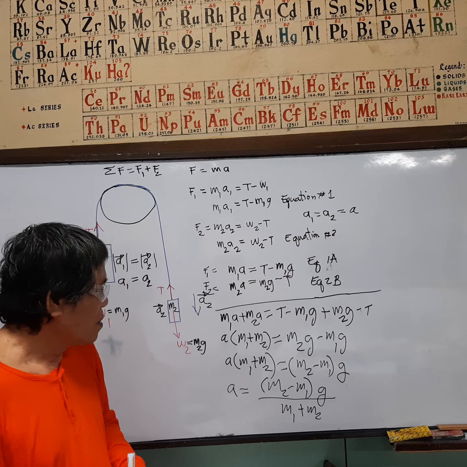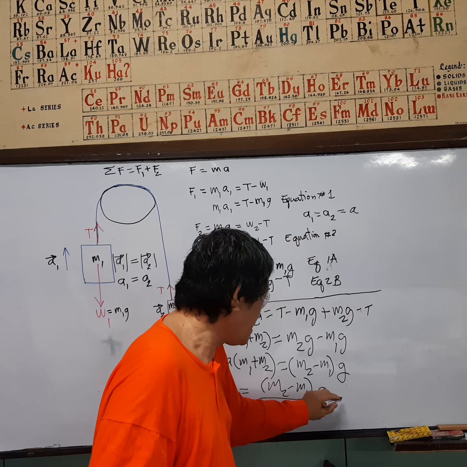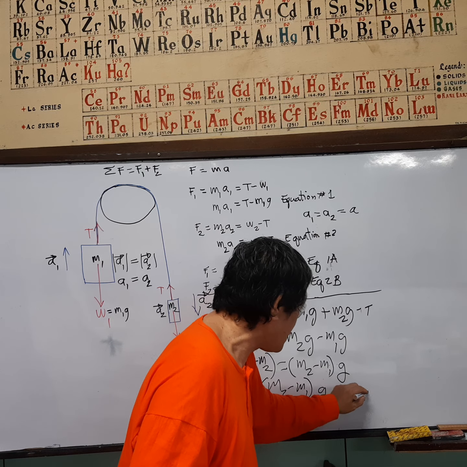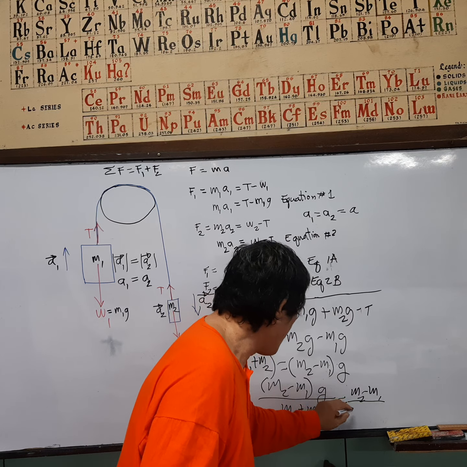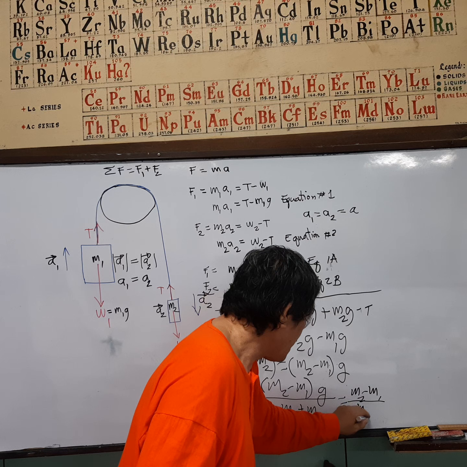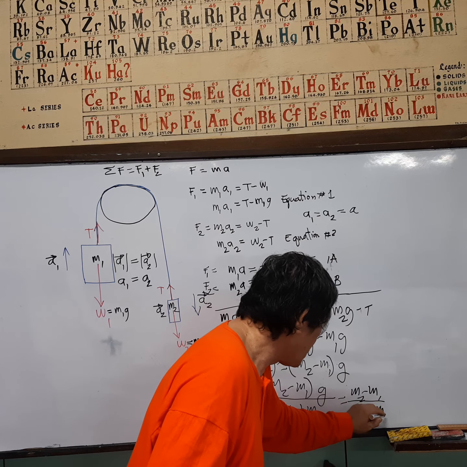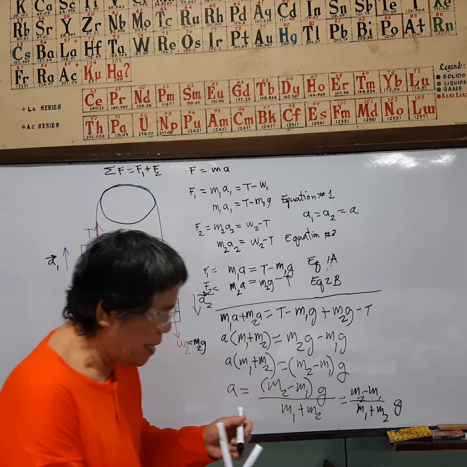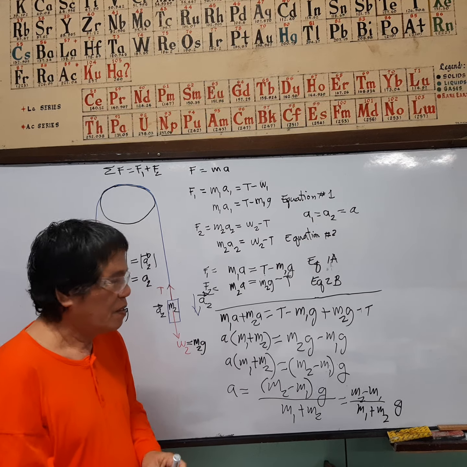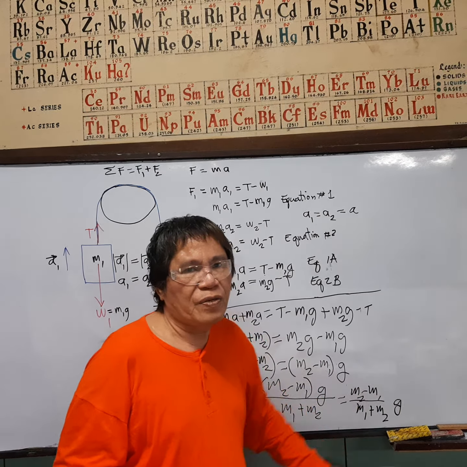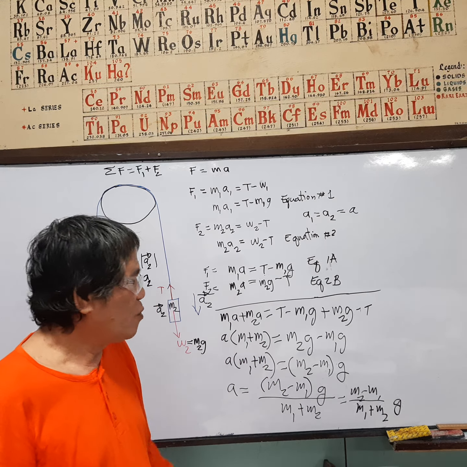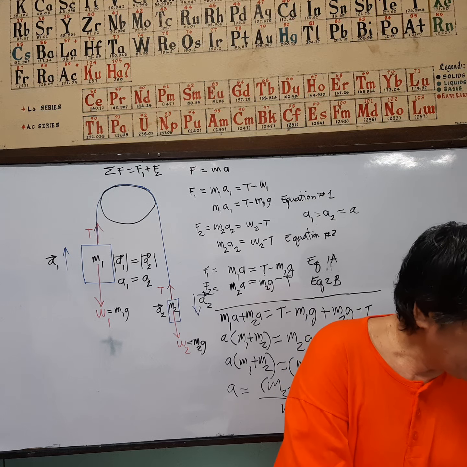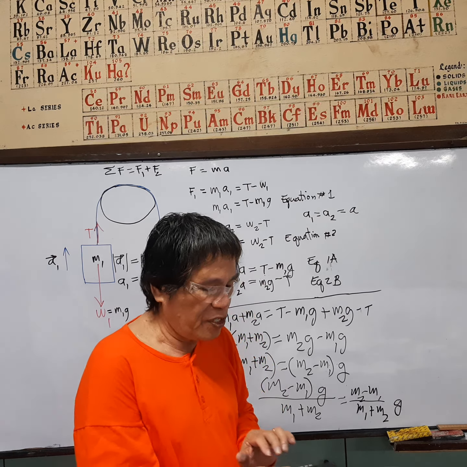So you will have this equal to, simplified further, M2 minus M1 over M1 plus M2, times G. So there you are, then you substitute. We substitute the values.